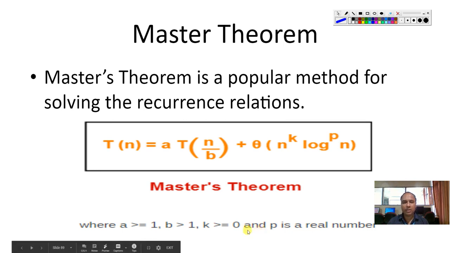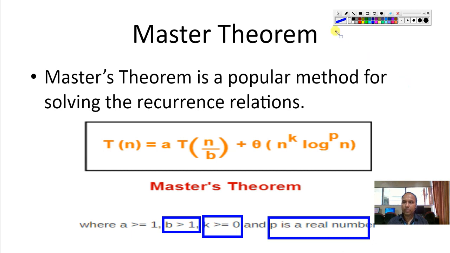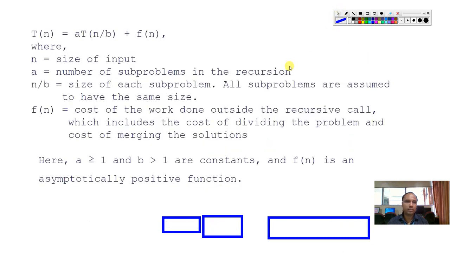What I mean by these conditions are: the value of a should be greater than or equal to 1, the value of b should be greater than 1, the value of k should be greater than or equal to 0, and p should be a real number. If your equation is of the form T(n) = aT(n/b) + f(n), then we can apply this master theorem.